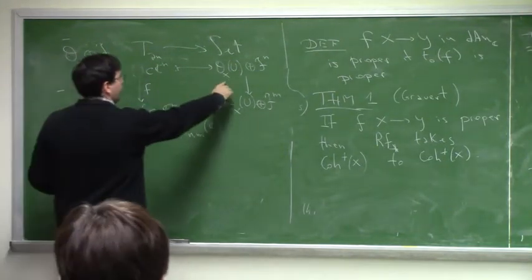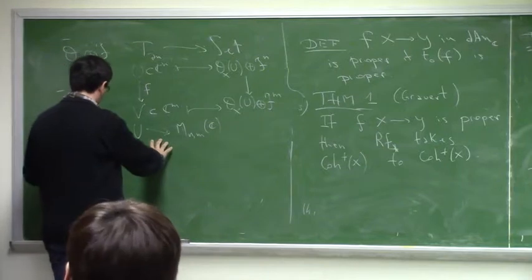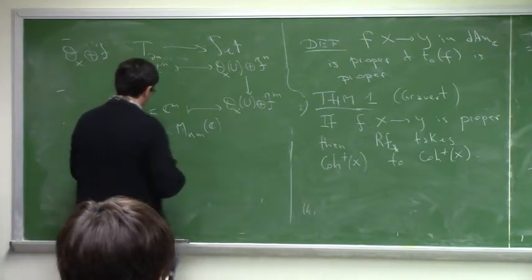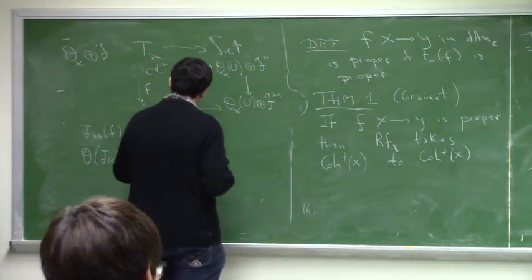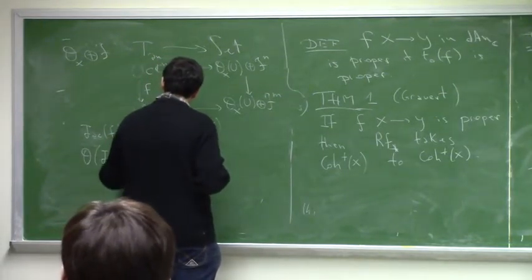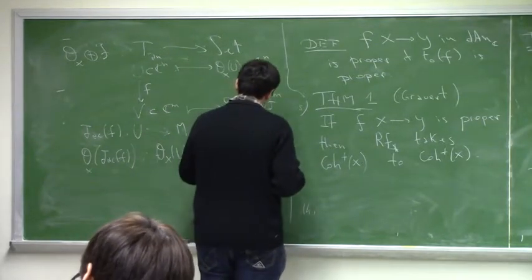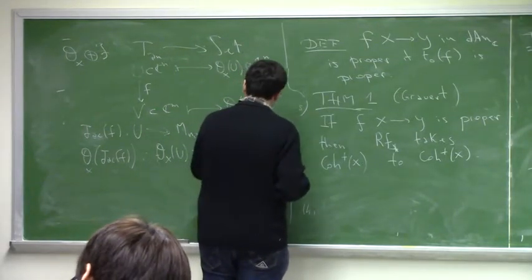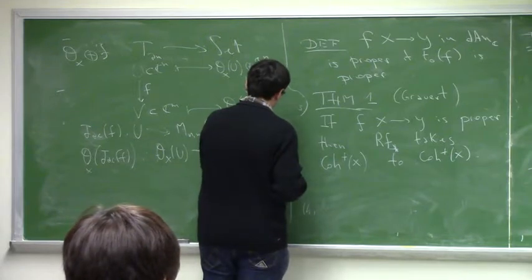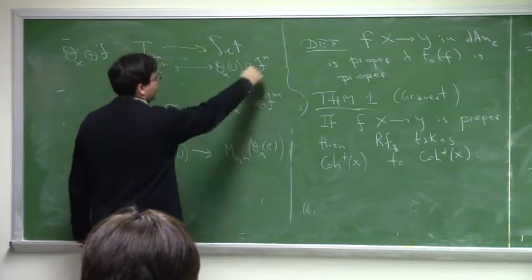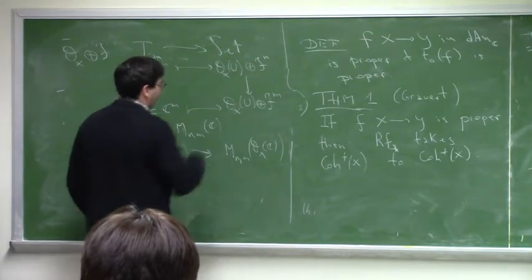If I apply my analytic ring on this map, I get something that goes from O evaluated on U in matrices N, M, OX evaluated in C. And now I can multiply a matrix here with a vector in Fn.